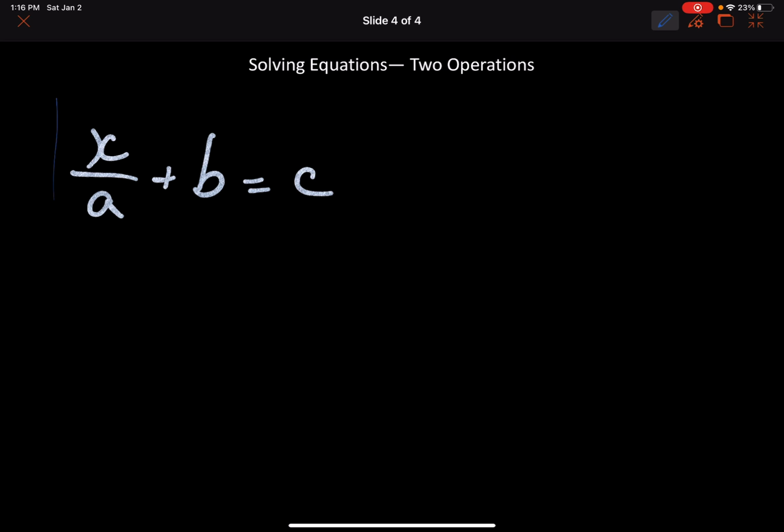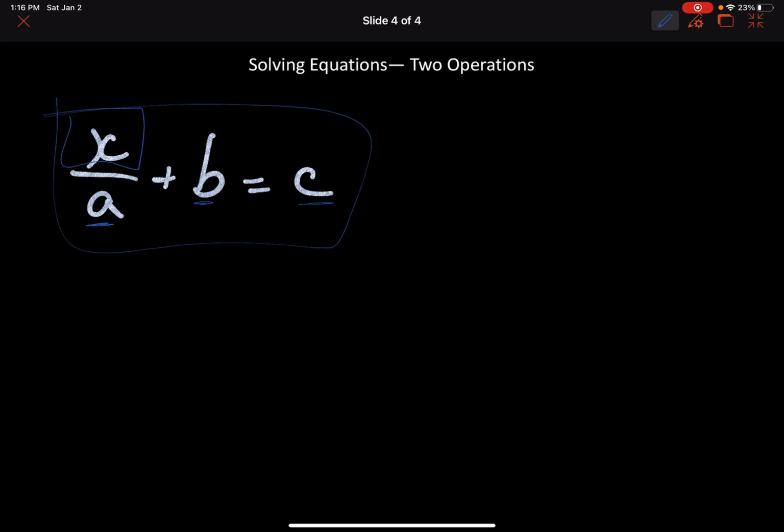If I was just going to do it with variables, A would be representing a number, B would be a number, and C would be a number, and I'm trying to solve for X. How I would do that is exactly the same way.